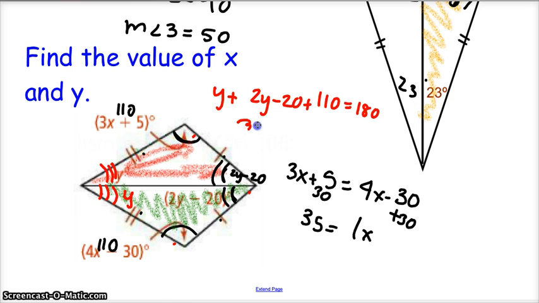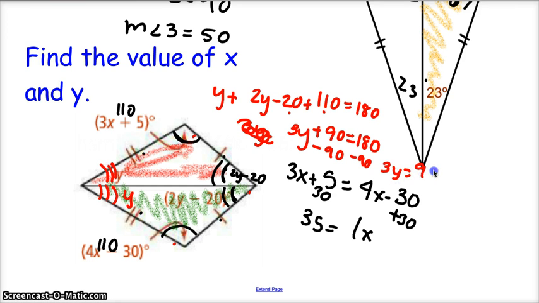So I have 3y, when I combine those, I get a positive 90, equal to 180. So when I subtract from both sides, I get 3y equals 90. Divide by 3, y equals 30.